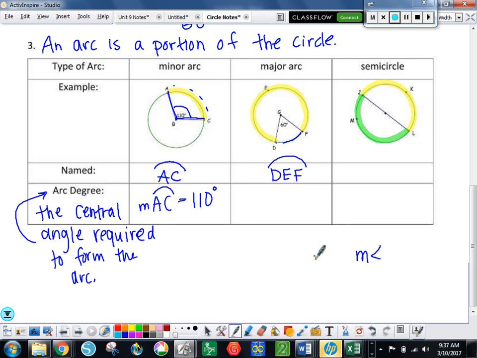Now if you take your circle and you spin all the way around, what degree change is that? Okay, like you do on skateboards, right? Or like 360. So if this entire circle is 360 and I take off 60 of it, what would the rest be? 300. So the measure of arc DEF is 300.